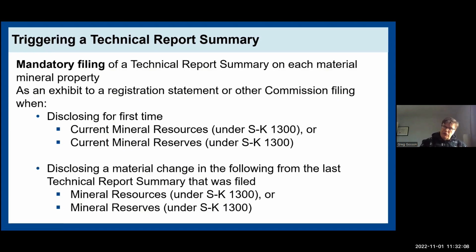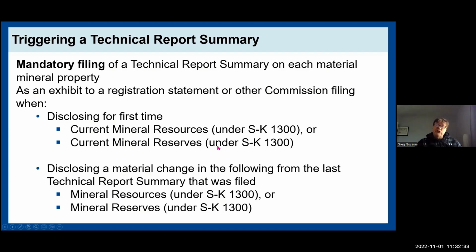You may have had mineralized material under old Industry Guide 7, and you may have had reserves under Industry Guide 7, but the first time you file an annual report or registration statement using the new definitions under SK-1300, you will have to attach a technical report summary for your material properties.